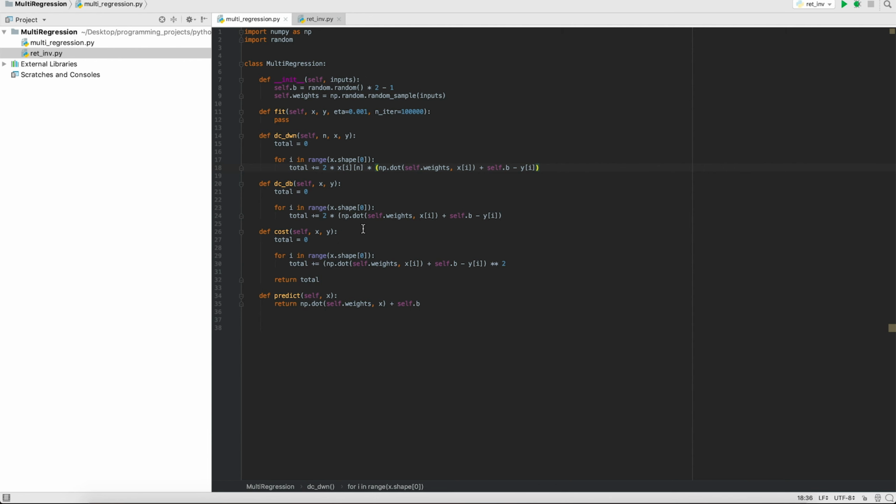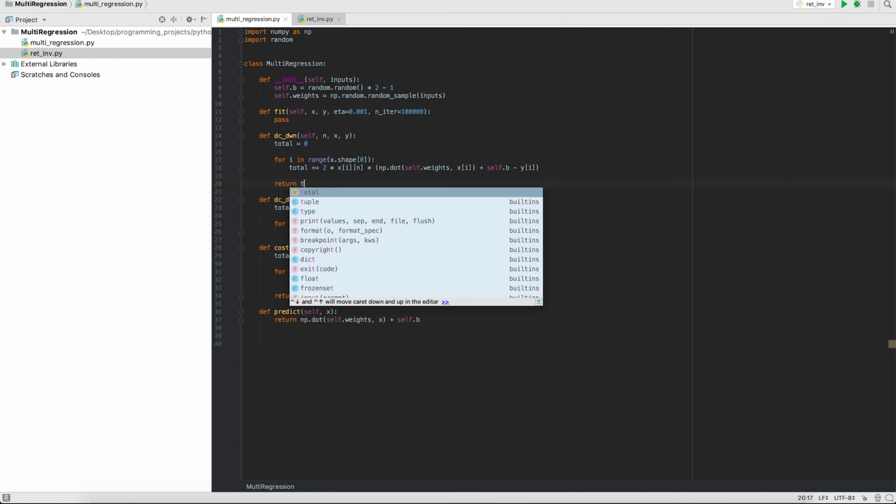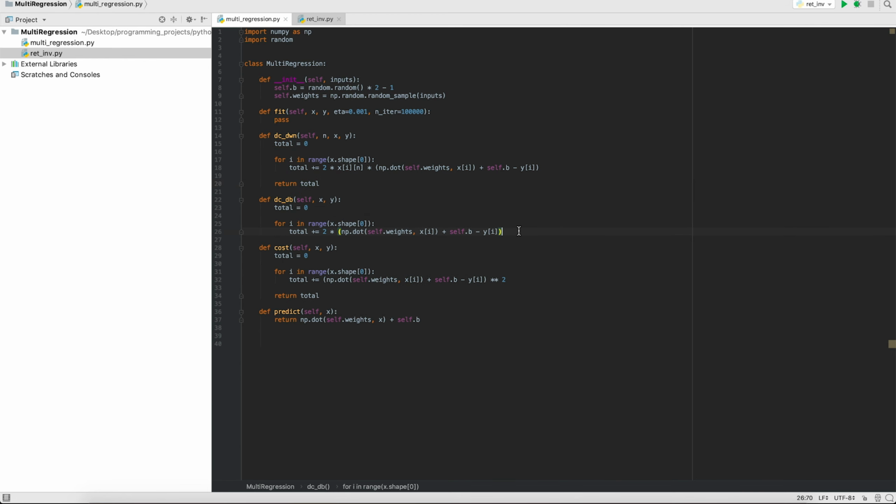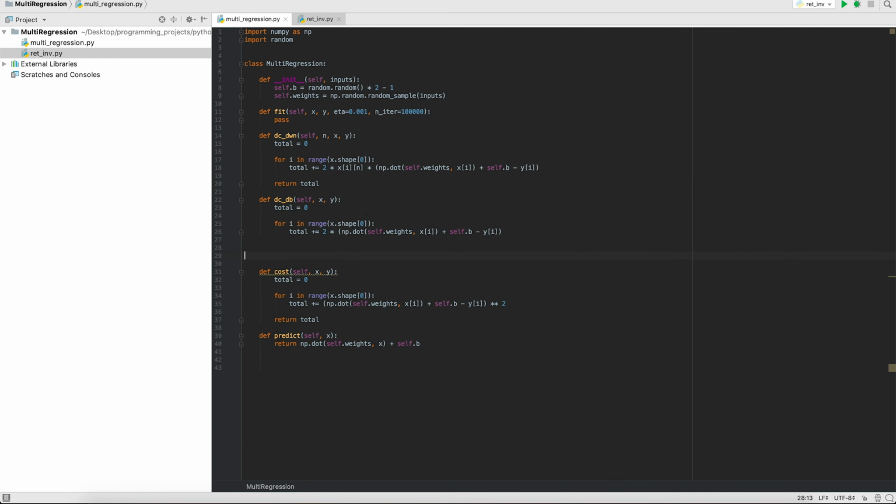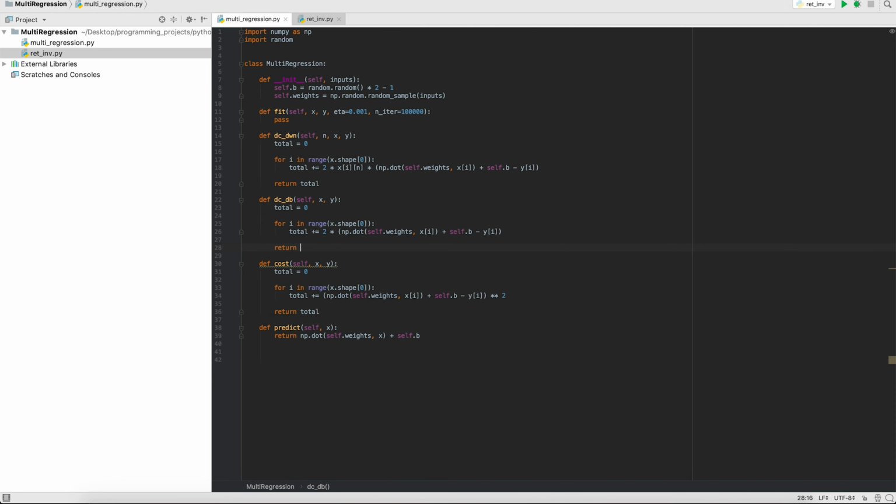If we get back here, that's precisely what we're saying. We're talking about the ith sample, the nth x. This will return the row of inputs, and this will return the particular input that we're talking about. Great, so now that this is all computed, let me just return the total. Return total here, and also here, which I forgot to do again. Return total.